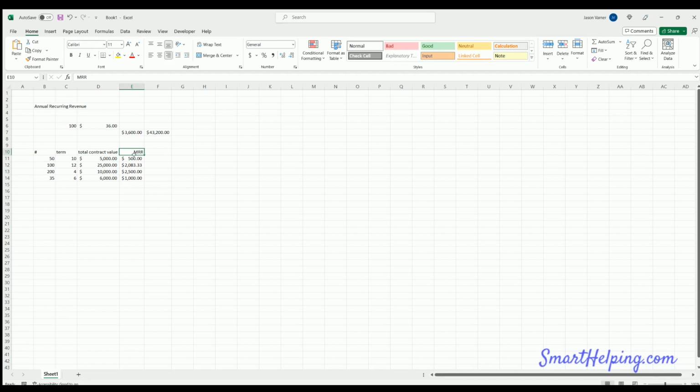You would just take 500, 2,000, 2,500, 1,000. Now, if you normalized it, and these customers never leave, in theory you're making $6,000 a month. And then your ARR is again just this times 12.